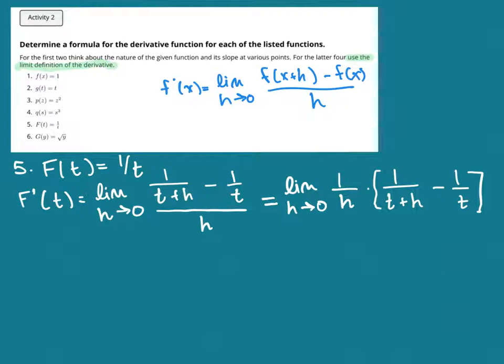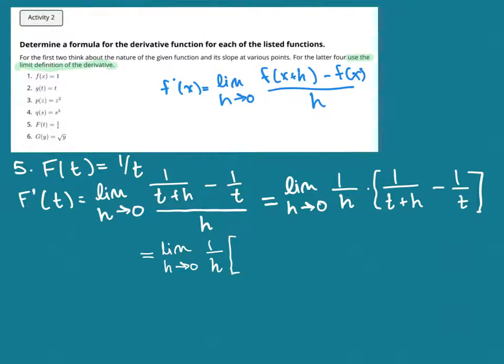All right, now here's a situation. Our next move here has to be getting common denominators on these two terms we're subtracting so that we can successfully combine them. I'll continue my line over here. We've got the limit as h goes to 0, 1 over h, all very nice.